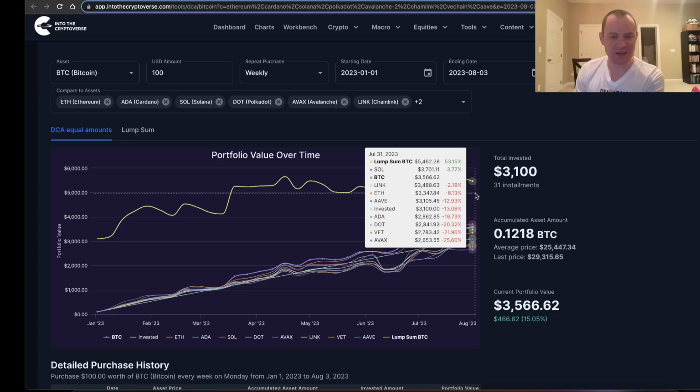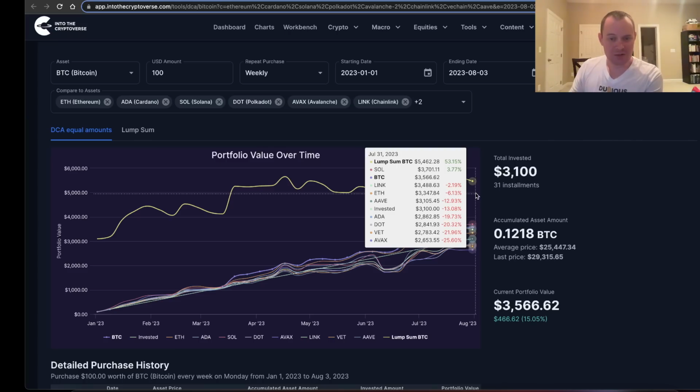Why is Solana in the lead in this case? Because you're basically cherry picking the low, right? So if you would have YOLO'd into that alt right at the bottom, then it would have outperformed, or if you had just started DCAing it there at the bottom, it would have outperformed Bitcoin since 2023 started. But even in that case, a lump sum strategy would have been a lot better just into Bitcoin.